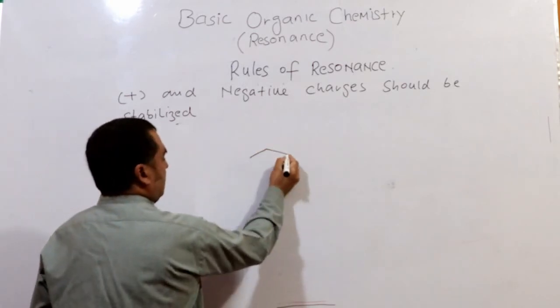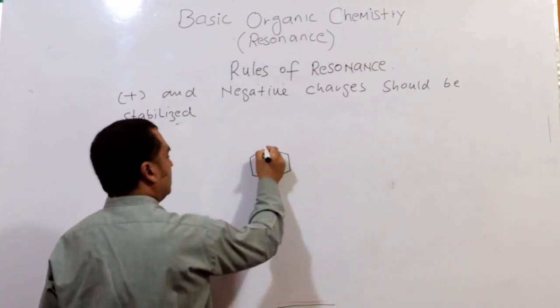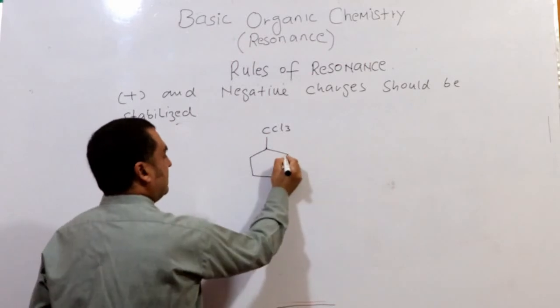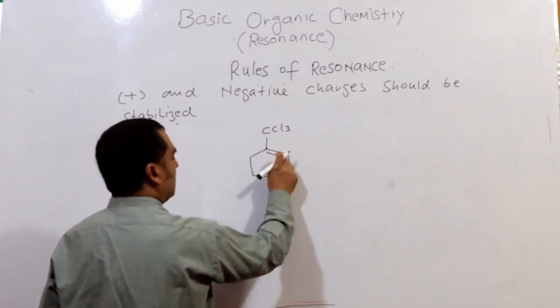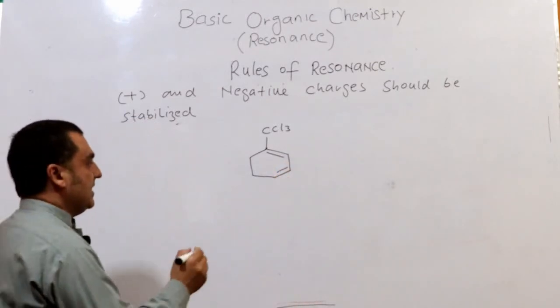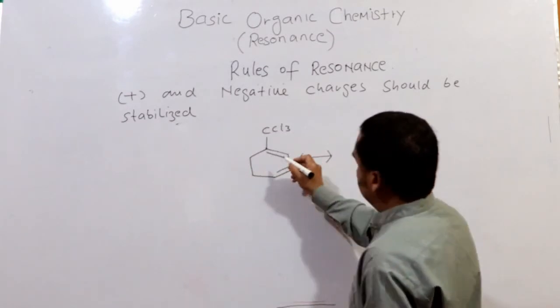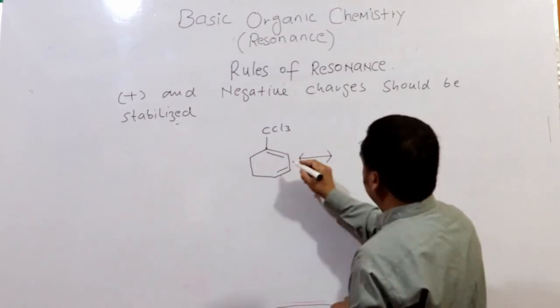This example, I think that you have done a little bit earlier. CCl3. Okay. Suppose this is a structure, and I should write both the resonance forms of this. Suppose both the electrons shift to this carbon. You will see it like this.